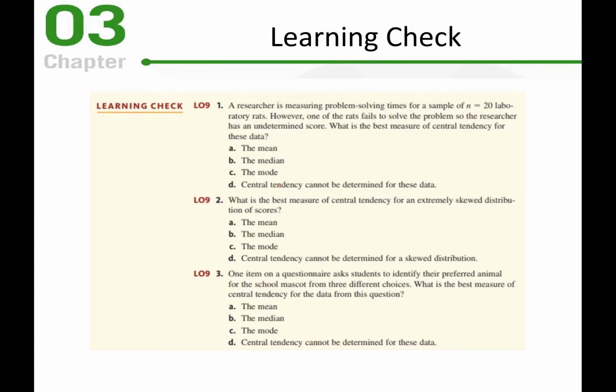So that means we're dealing with a nominal scale of measurement, and these are discrete variables. Your preferred animal can't be 2 options, it's just one option or the other. So if we're using a nominal scale, the best measure of central tendency to use is going to be the mode.